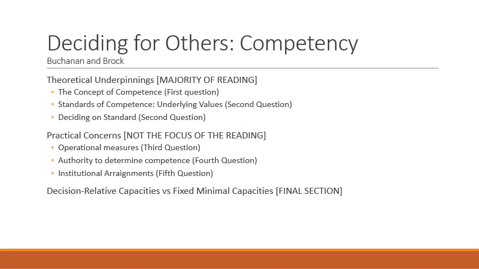So their conception that they're defending is more decision relative, as opposed to the traditional view of thinking about capacity, which is having a minimum set of decisional capacities. So it's not relativized to the decision being made or the situation that the person is in, and so on and so forth.